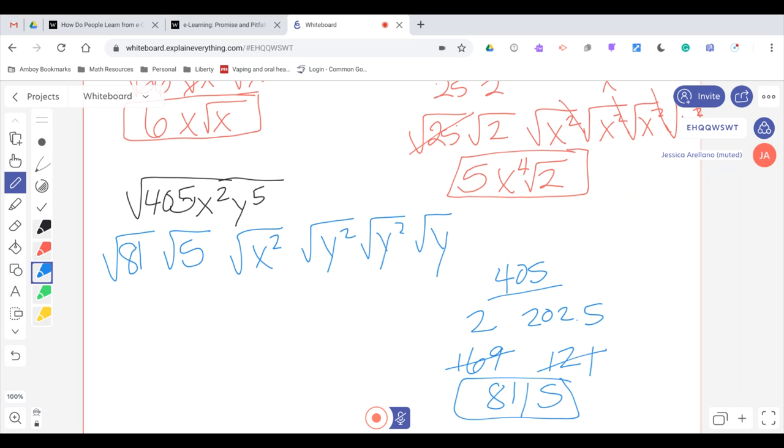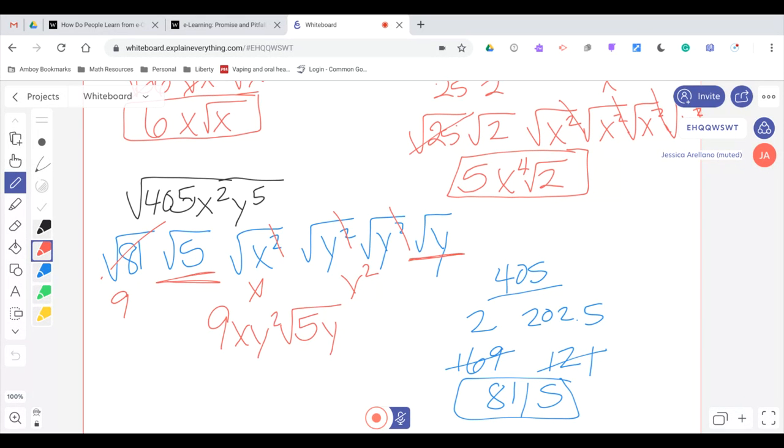I'm even going to real quick underline the stuff I know is going to have to stay inside the square root. So that 5 and this y on the end. Everything else will come out. Okay, so 81 turns into 9. I have an x, and I have 2 y's. So it's going to become y squared. So on my outside, I'll have 9x y squared.